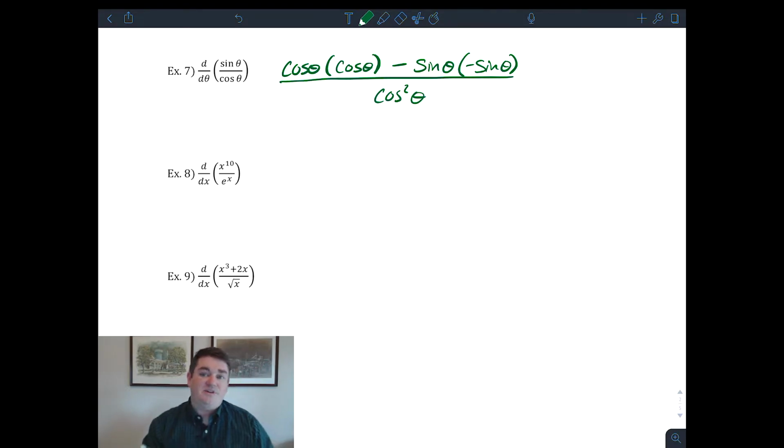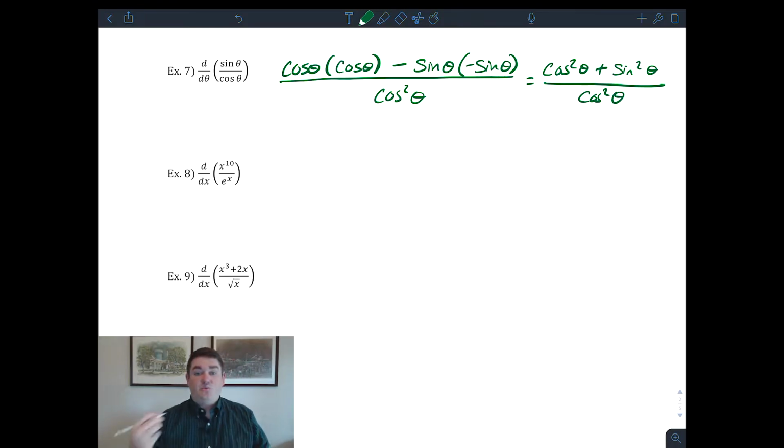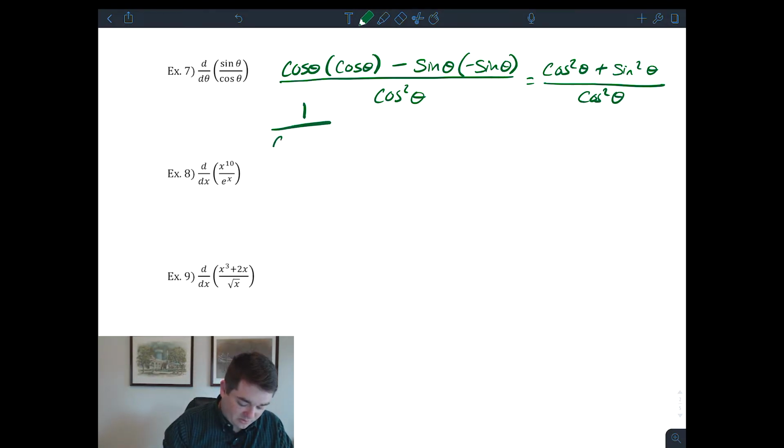And while we could stop here, I actually do want to simplify this one all the way, because the numerator becomes cosine squared theta plus sine squared theta, divided by cosine squared theta. And if we think back, the one and only trig identity we really need to remember from pre-cal is that sine squared x plus cosine squared x, or in this case, sine squared theta plus cosine squared theta, is 1. So this is equal to 1 over cosine squared theta, which is secant squared theta.